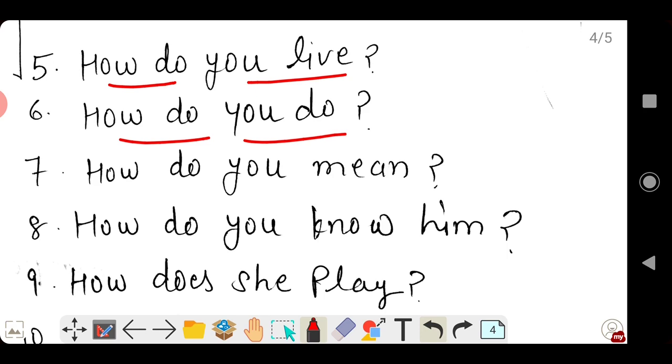Again, "How do you live?", "How do you do?" Next sentence, friends: "How do you mean?" This is the very next one. First is "How do you live?"